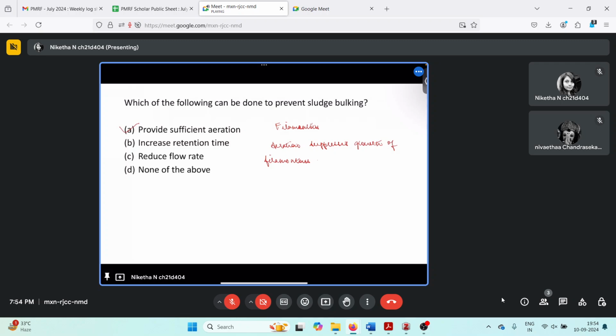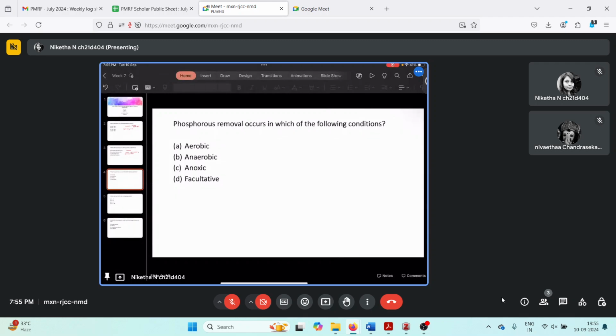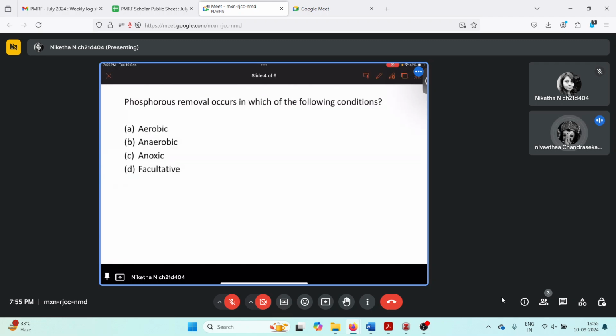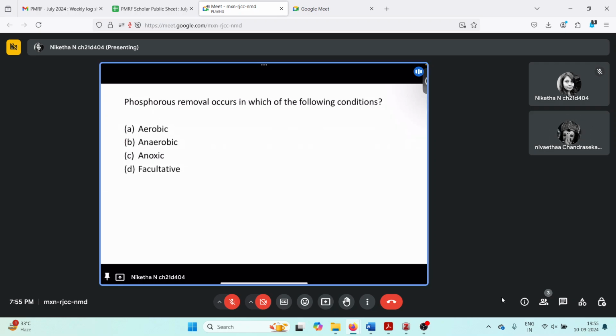So phosphorus removal will occur in which of the following conditions? Can you see my slides? Yes, ma'am. It's anaerobic. Yeah, correct. So we just discussed this. Aerobic will remove CBOD and do nitrification.